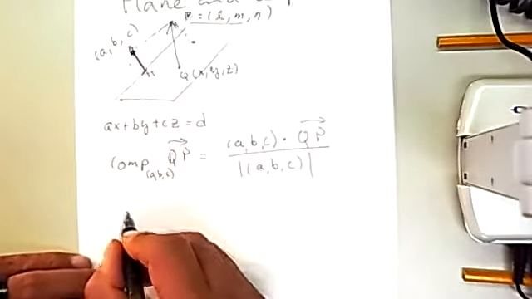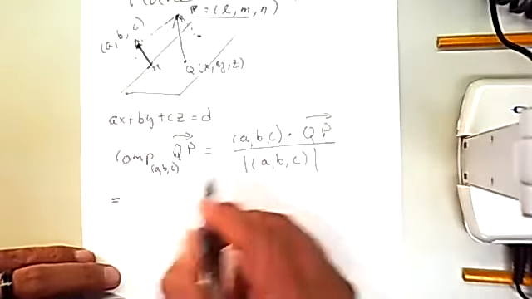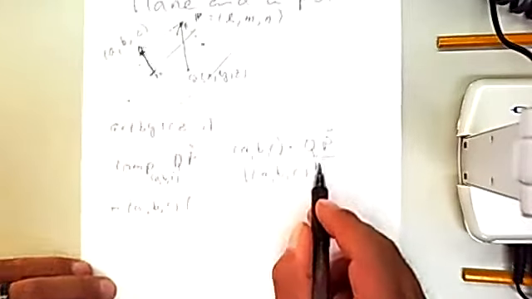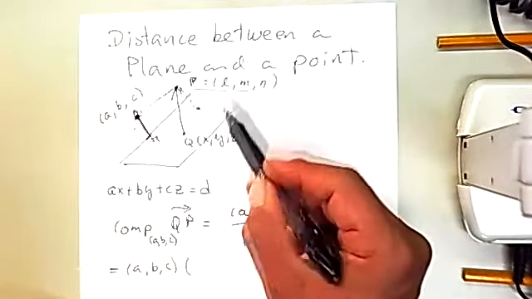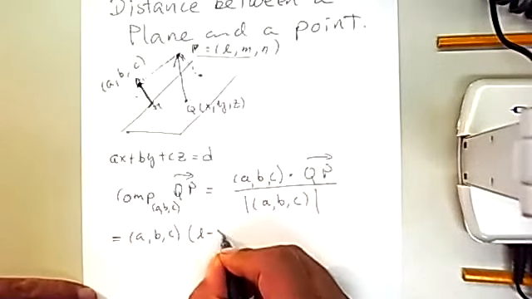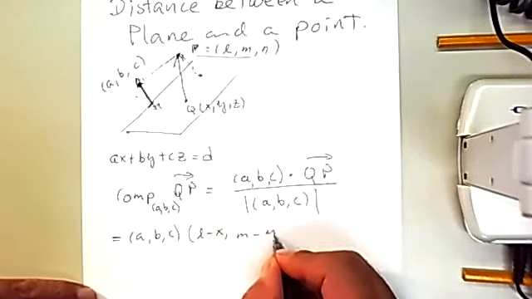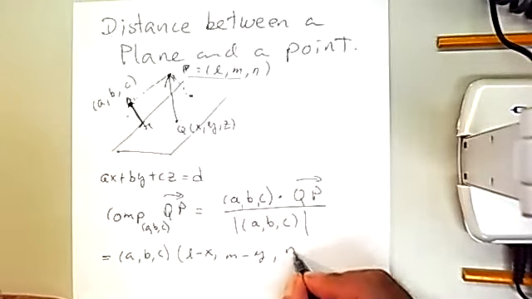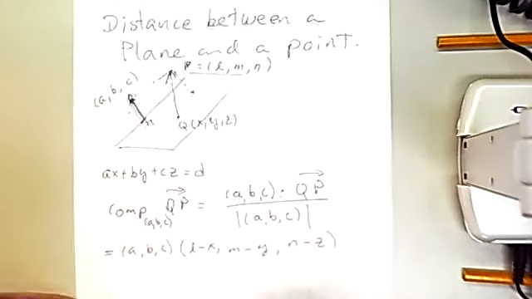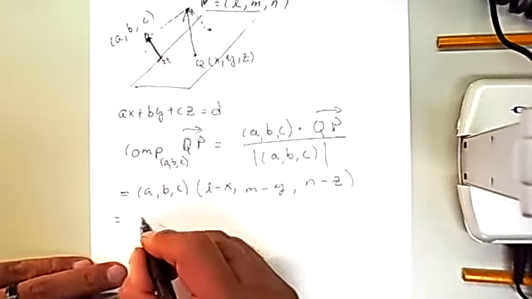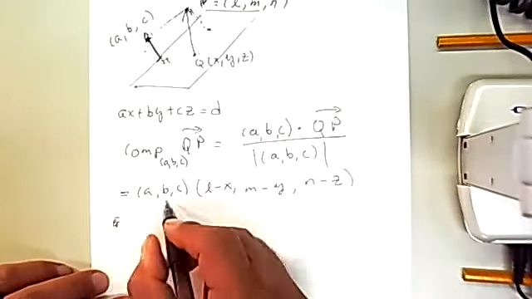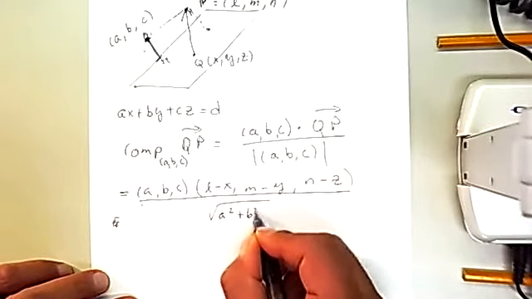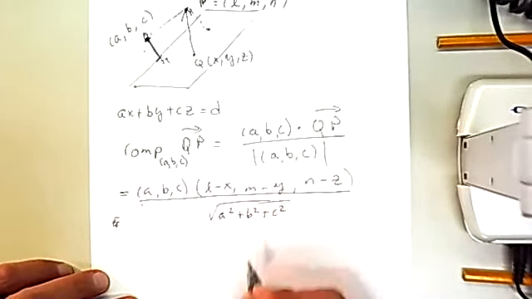So that is equal to ABC dotted with the vector from Q to P, which is P minus Q, or L minus X, M minus Y, and N minus Z. Oh, I forgot to divide by the magnitude, which is the square root of A squared plus B squared plus C squared.